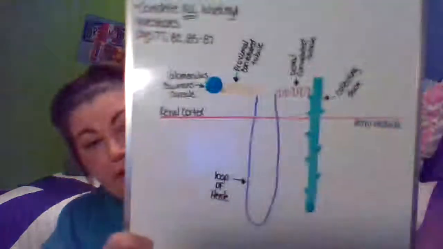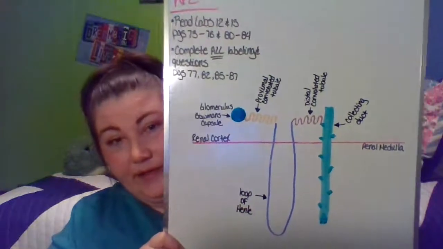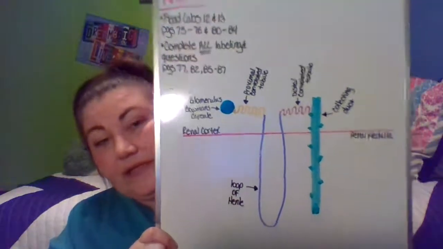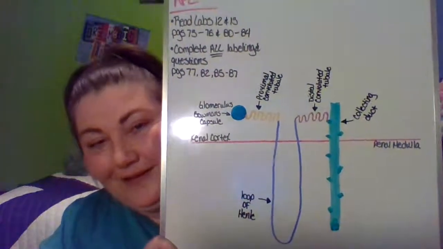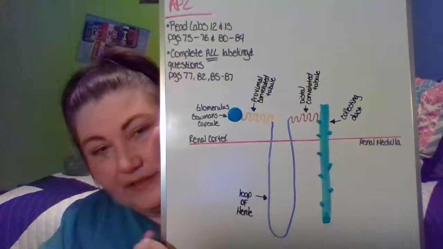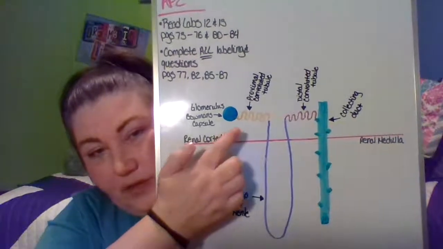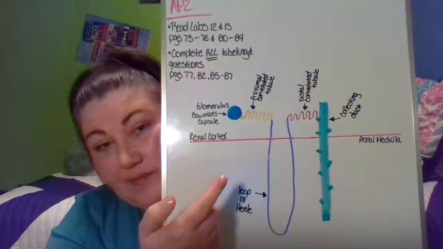The nephron has a few different parts, and I've drawn it out for you here on my whiteboard. I color coded it because you know I color code everything. So this is a very rudimentary drawing of a nephron. This little ball here is the glomerulus, or the Bowman's capsule.